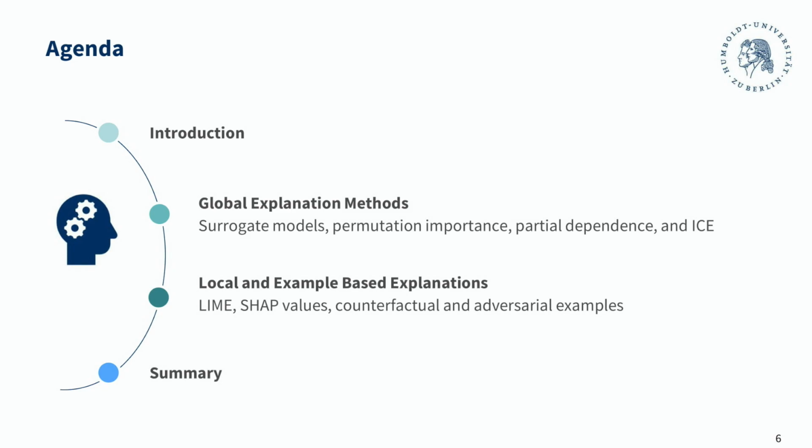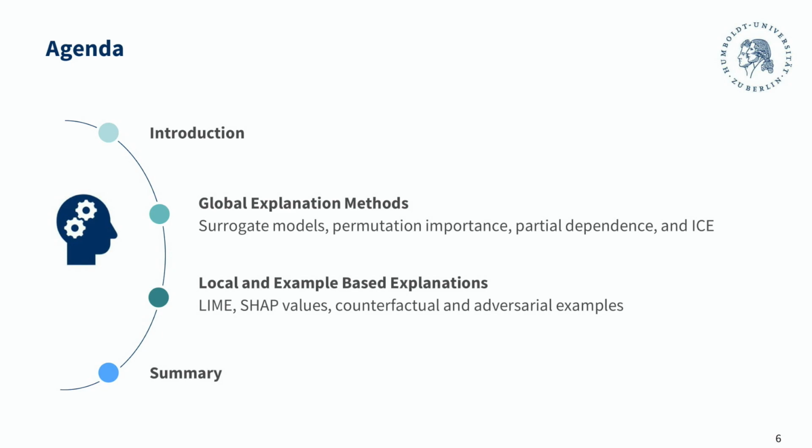The 2 main chapters are what I call global explanation methods, and then in the other part we have local explanation methods. And very briefly we'll touch upon example-based techniques, which are yet a different type of approach.